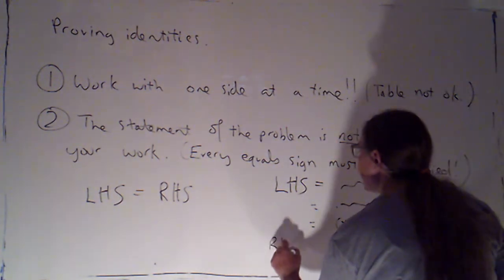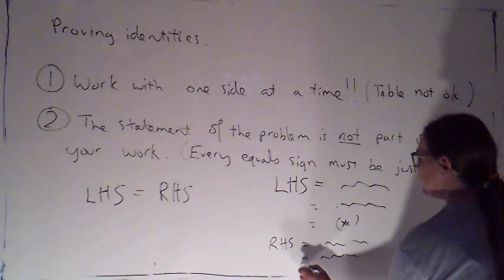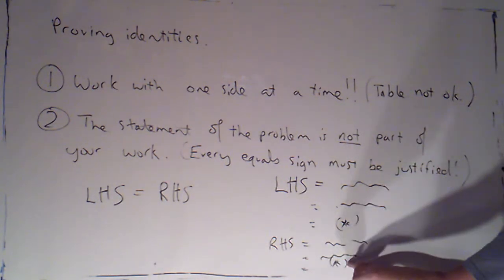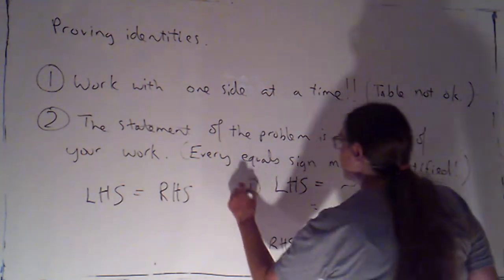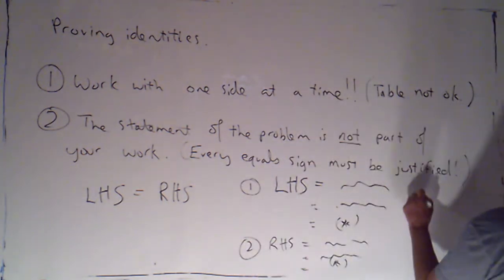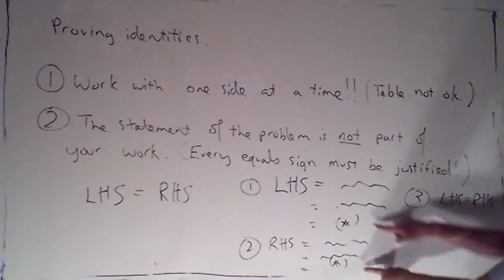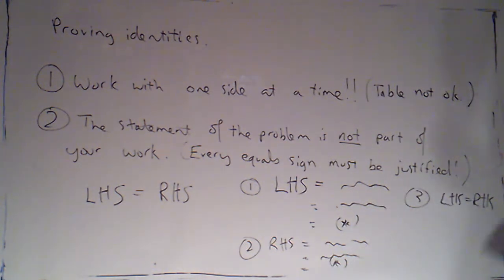You're going to work with the right-hand side, and you're going to say that's this, and that's this. Oh, and you get to the same thing. That's your second paragraph. Third paragraph would be to say the left-hand side is equal to the right-hand side, just to point out, hey, I got them both to be the same thing.